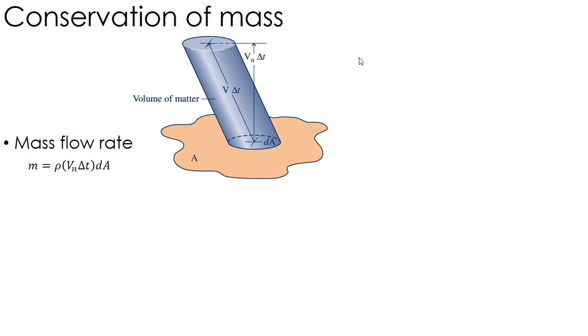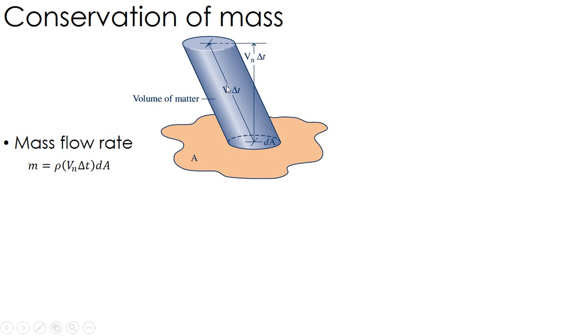If you think about the definition of mass, we use density. Density is mass per volume, so to get mass, it's density times volume, where the volume is defined as the small area that the flow is going through times the height of this cylinder, this column.